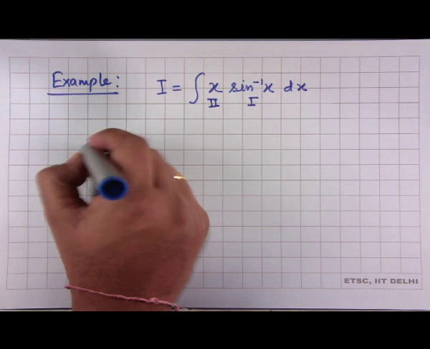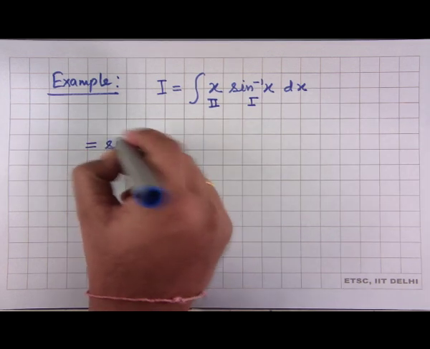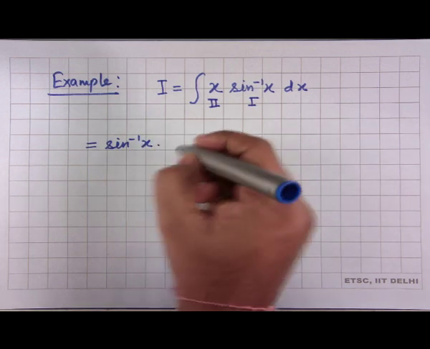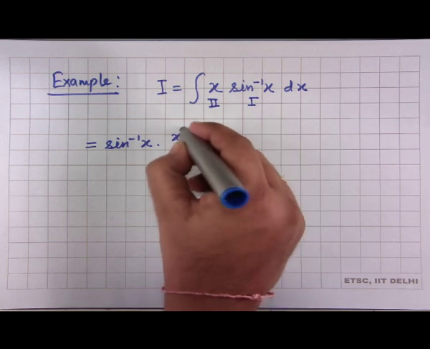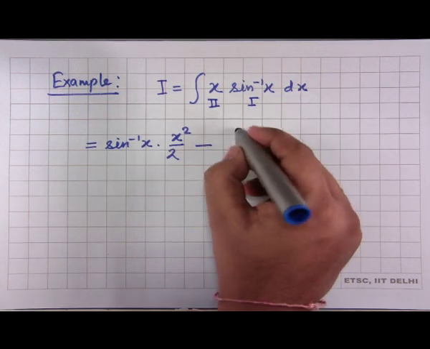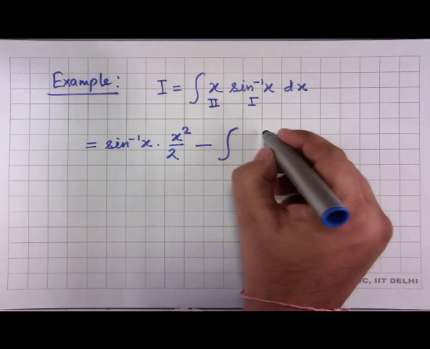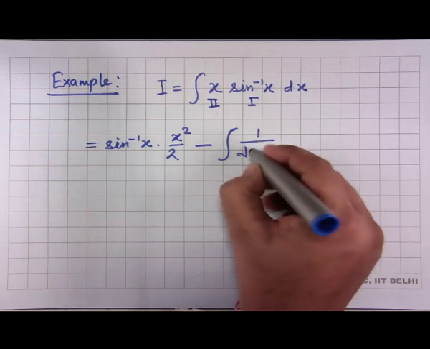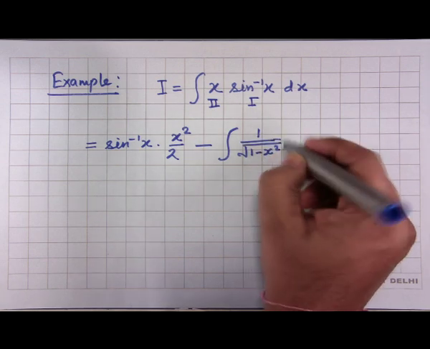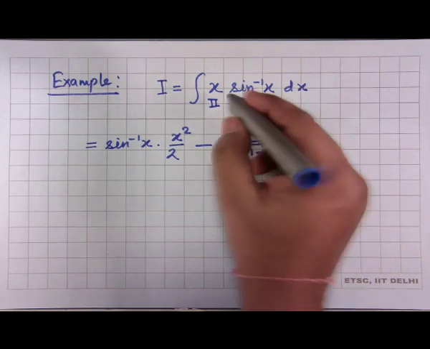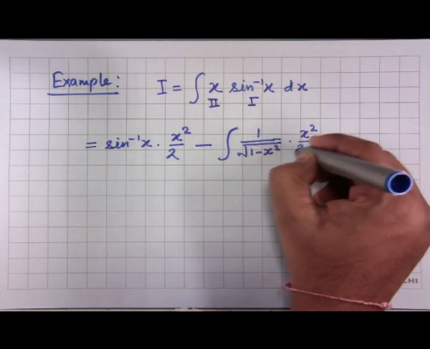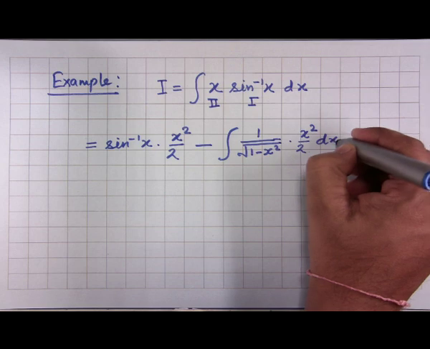So that the integral becomes sine inverse x into integration of the second, now I can write it directly, x square by 2, minus integration of the differentiation of sin inverse x, which is 1 by square root of 1 minus x squared, into integration of the second, which is x square by 2, dx.